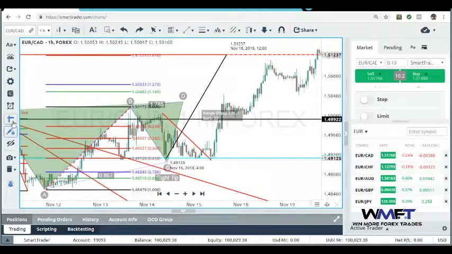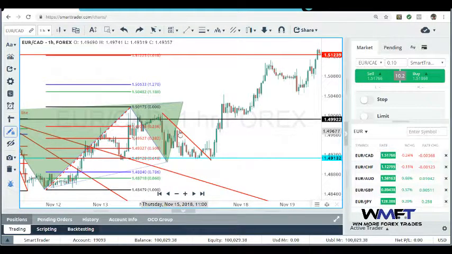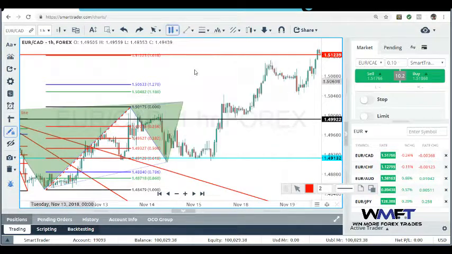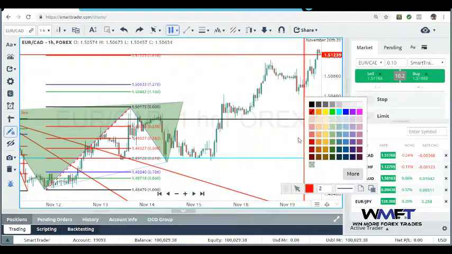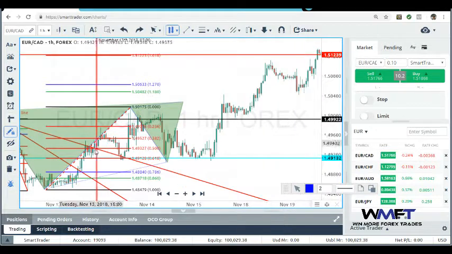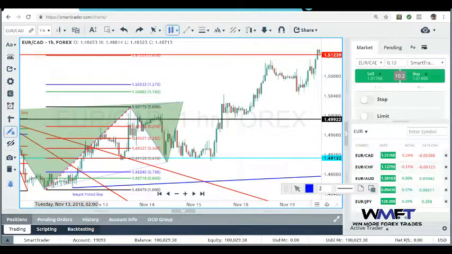So that's 360 pips plus the 200 pips that you got off of the first bear crown. So now your bull crown has fulfilled, and now you can start bringing in your trend lines, because we have an uptrend that has started. So there is your uptrend.